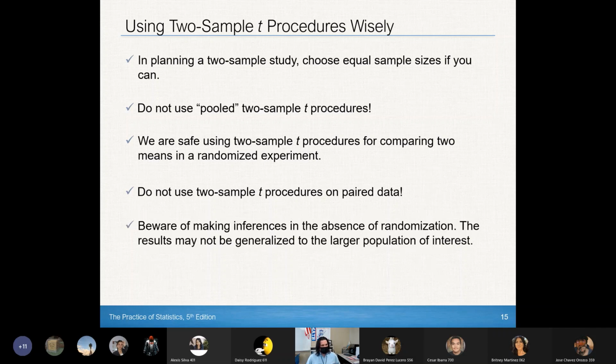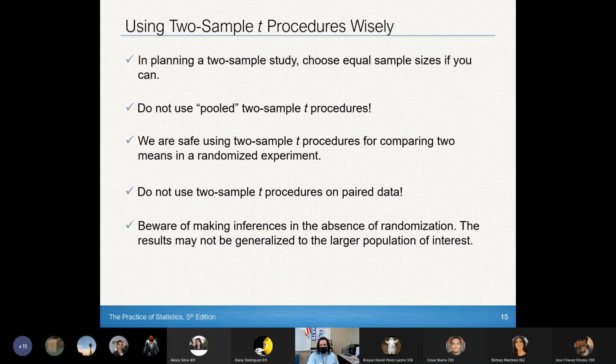But if we're making inferences in the absence of randomization, the results may not be generalized to the larger population of interest. So if you're conducting an experiment or you're given a context of an experiment and they're using people who volunteered, the results of that experiment only apply to the type of people who volunteered, not the larger population.